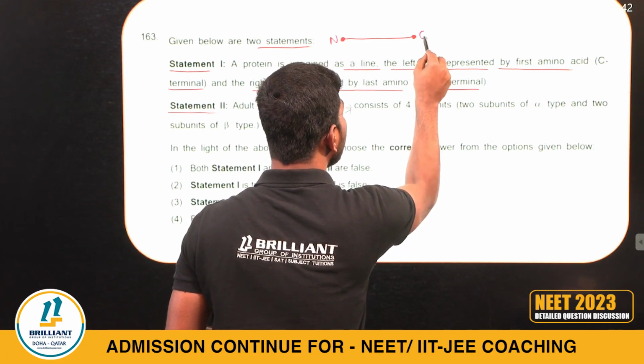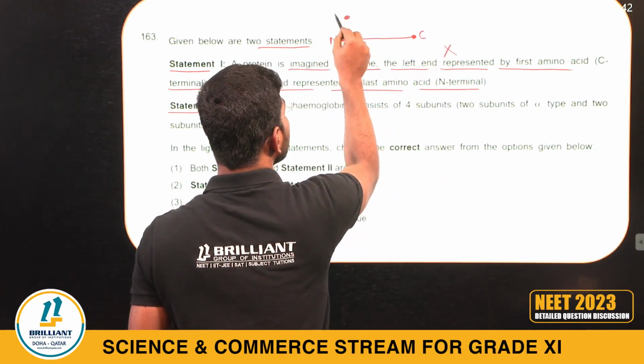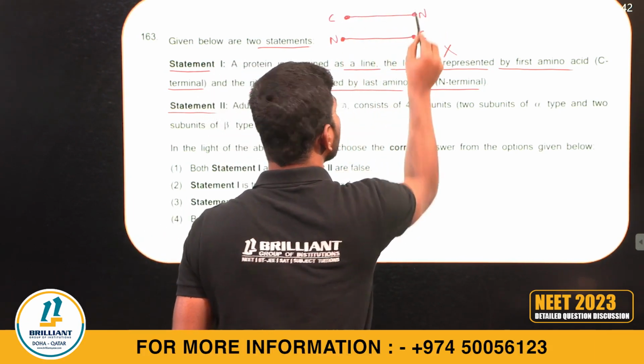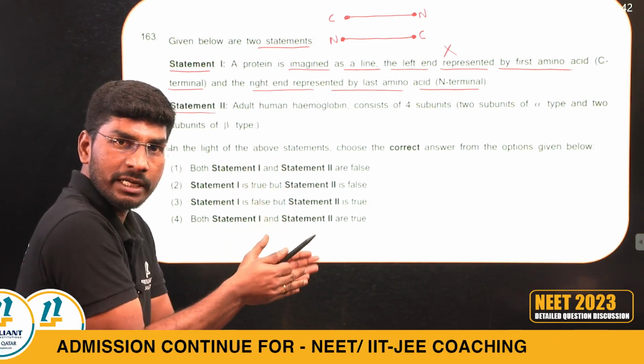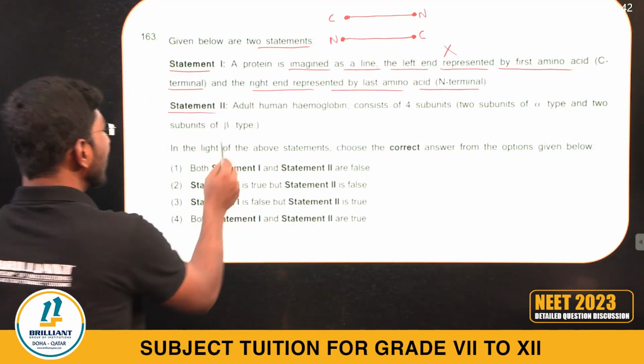Actually it is opposite: the left side is the N terminal, with the amino group, and the right side is the C terminal. So this statement is not correct.